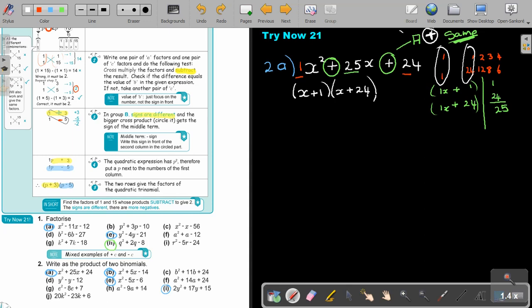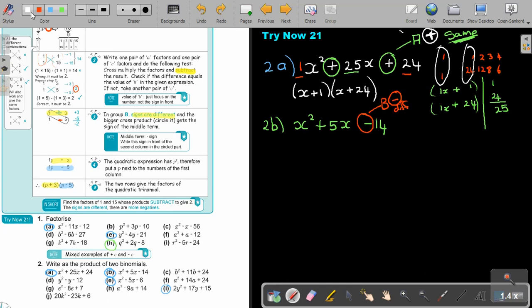Okay, now the next one. First write it down. Let's first write it down. And then we think. This is going to be x squared plus 5x minus 14. Oh, stop, think. This is going to be in group B. So I'm going to find the difference, and the signs are different.